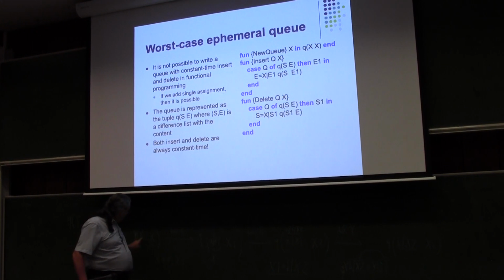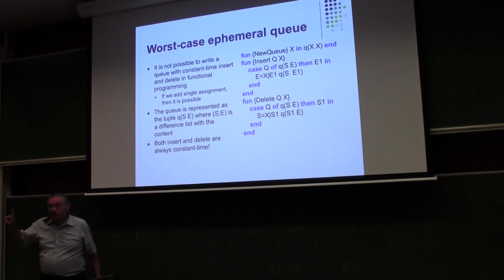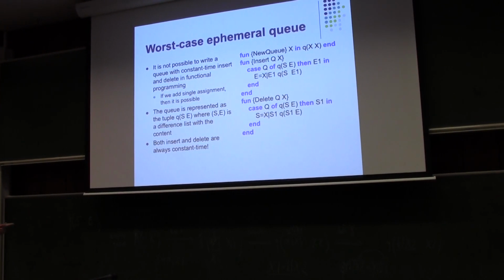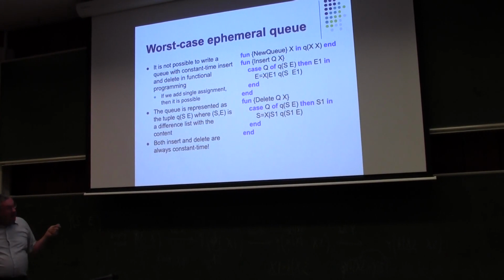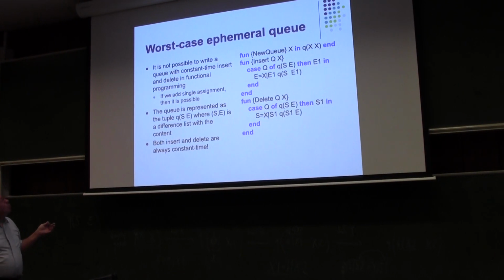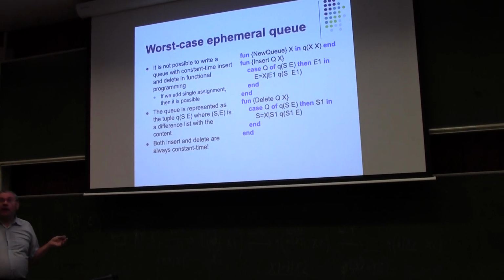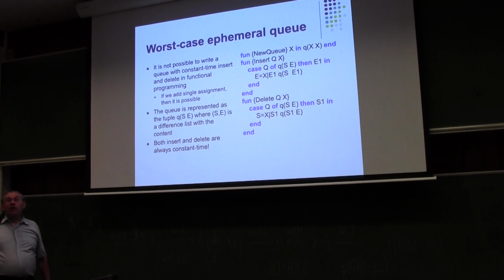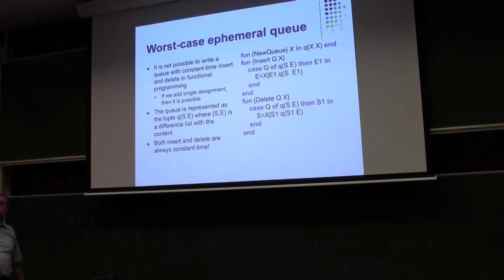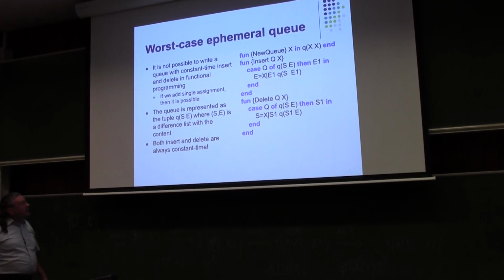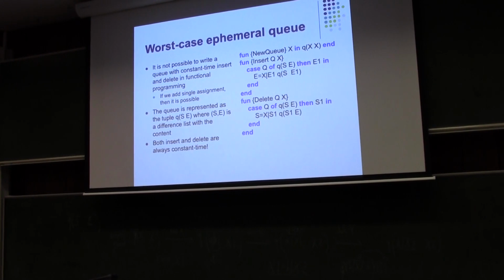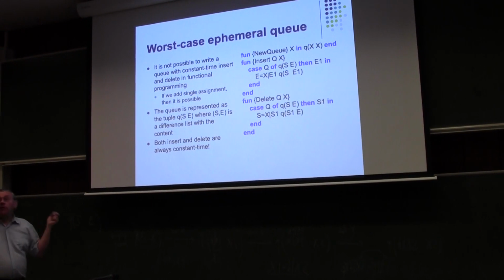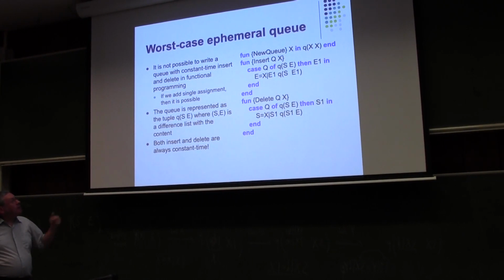Here I'm binding X, and you can only do that once. So this will not even work if you try to use it persistently. But ephemeral, it works fine, and it's worst case constant time. All these operations are constant time, and it's purely declarative. That's pretty nice. It has exactly the same efficiency as if you write it in Java, for example, where you update variables.